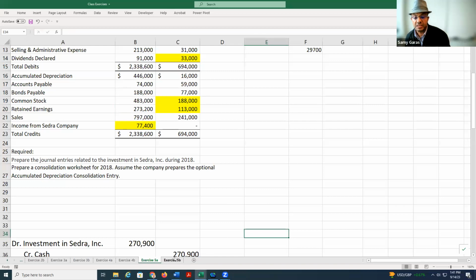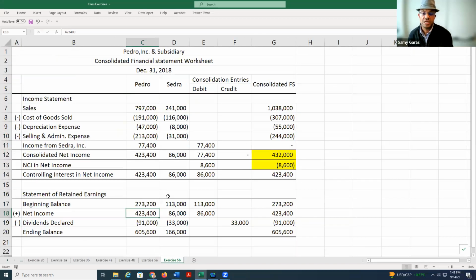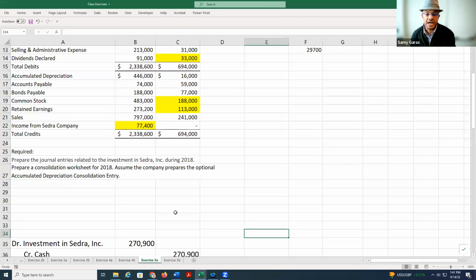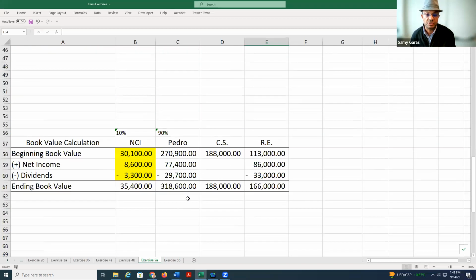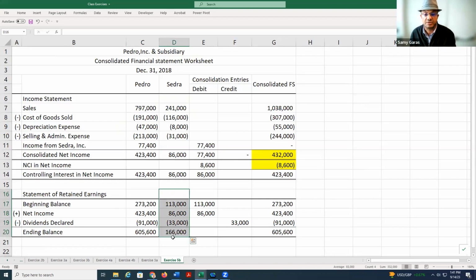So for the parent company, I have no problem. But from where I get the subsidiary company, 113 plus 86 minus 33, I get them from this report. 113 plus 86 minus 33. So what we calculated in this table exactly will be the same here.